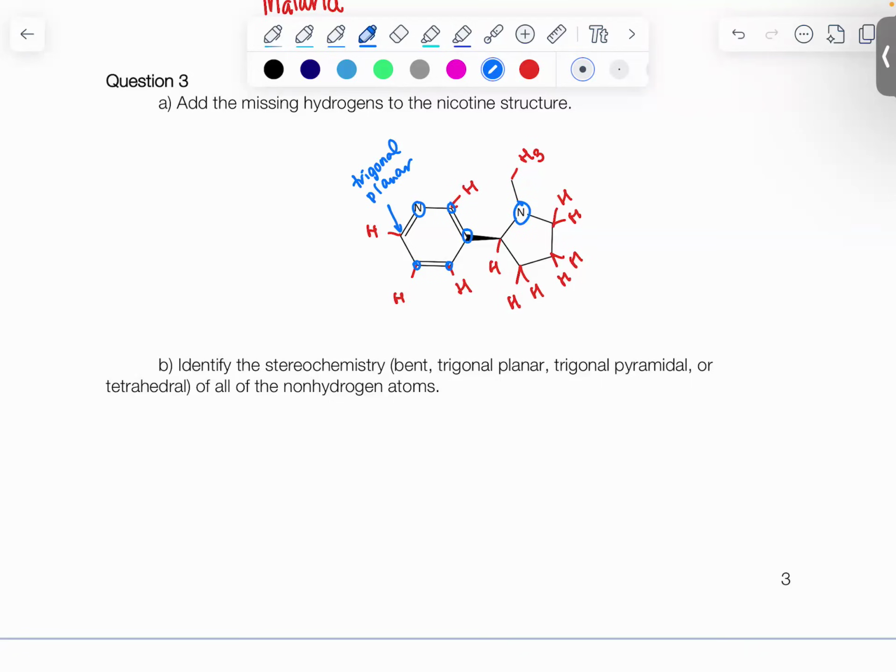And so this is 3 bonds, no lone pair. And then in gray, I'll do our tetrahedral centers, and that's 4 bonds. Okay.